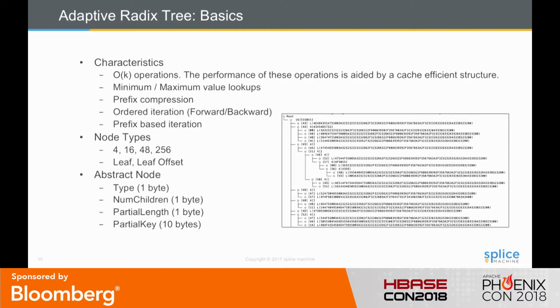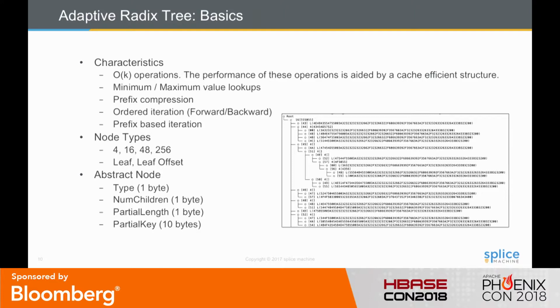There's 4 node types that are kind of informational nodes, and then there's a leaf offset, which is your other node type. So let me go into the nodes a little bit. And here I'm basically trying to show you what spits out from HBase when I actually flush data into HBase. This is what it generates. It generates a tree and basically a compressed representation of that tree.